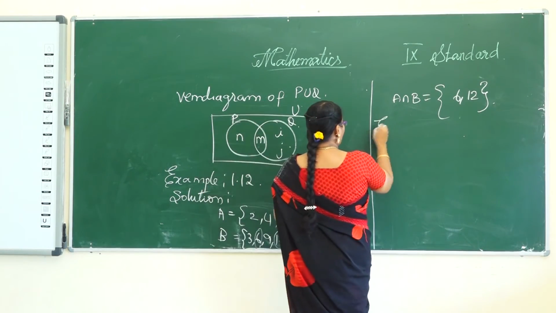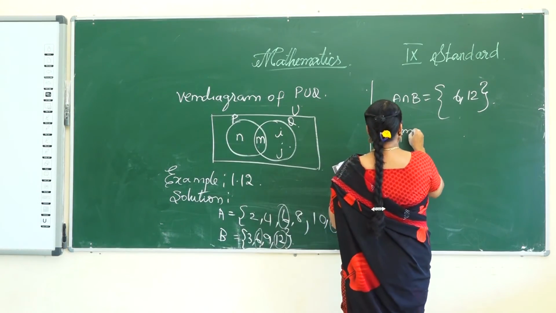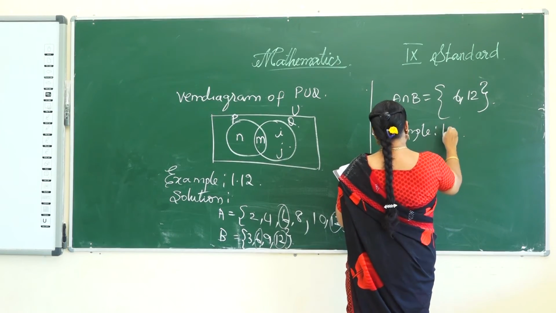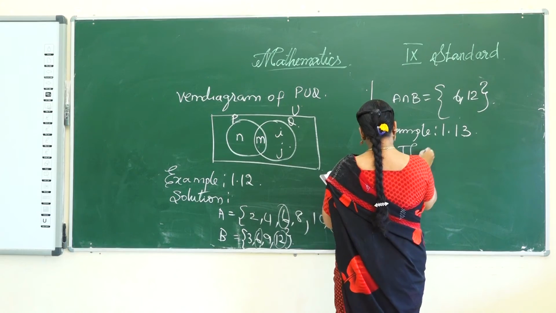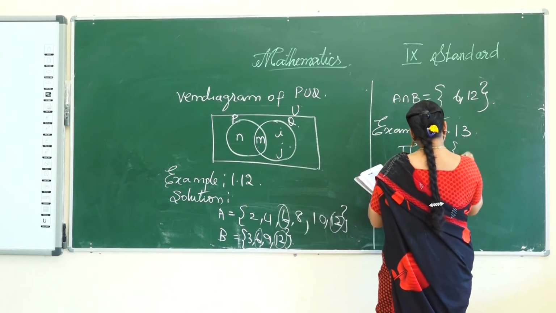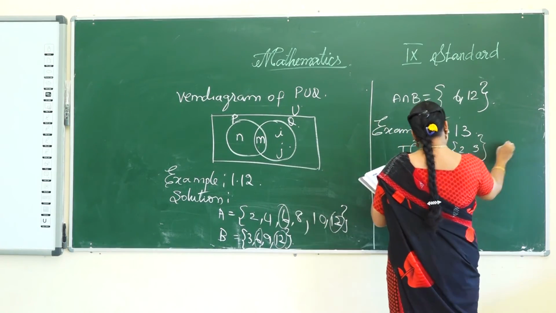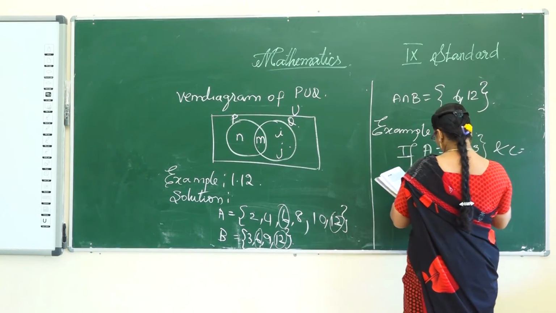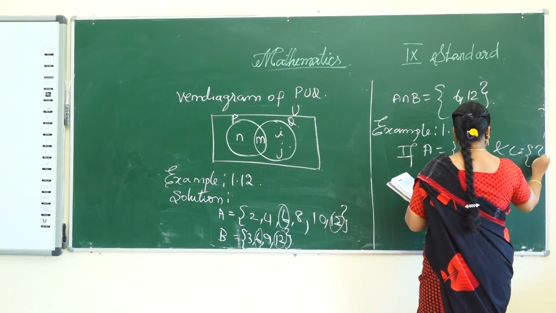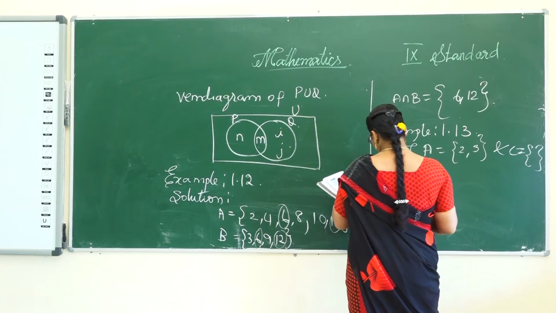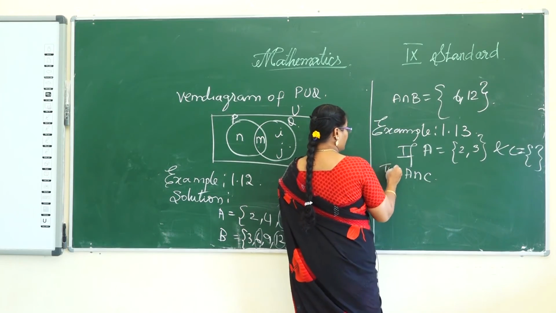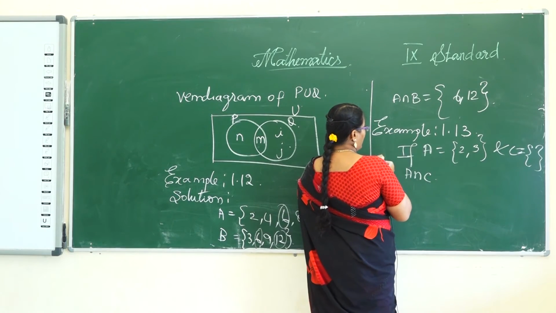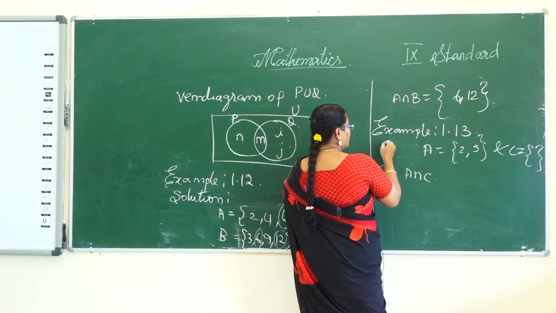And then the next example. If A is equal to {2, 3} and C is the null set, find A intersection C. So directly write the solution.